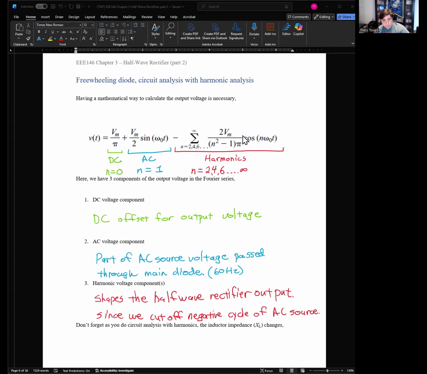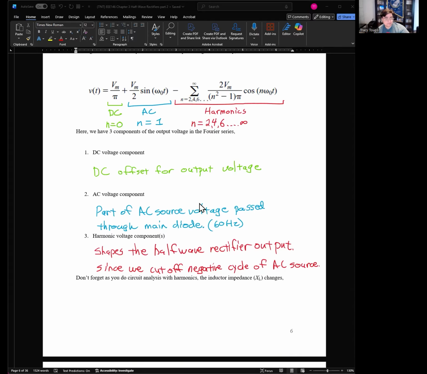Now, remember the whole point of this is that if we can quantify that voltage in harmonic terms, we could then do circuit analysis with harmonics. Just remember, as we do circuit analysis, the inductor reactance XL changes because the frequency changes per harmonic. N equals 1 is 60 hertz, n equals 2 is 120 hertz, n equals 4 is 240 hertz, and so on and so on.